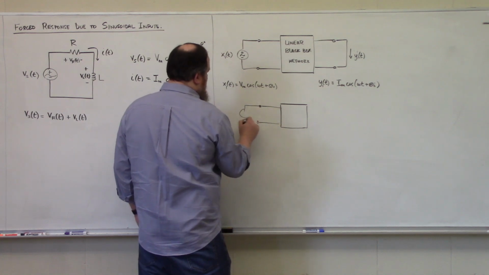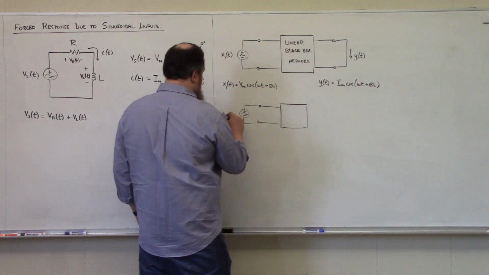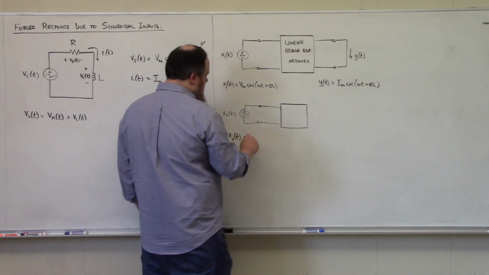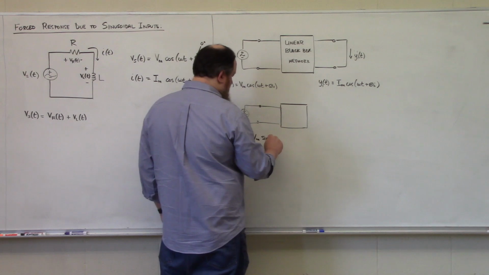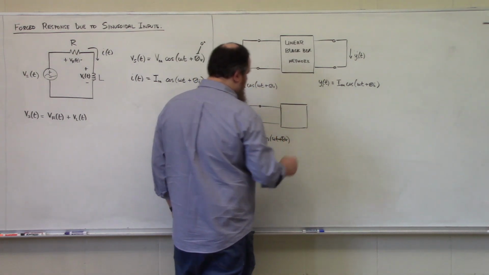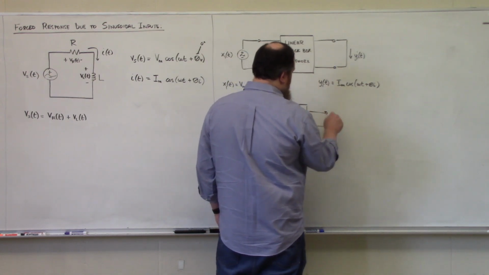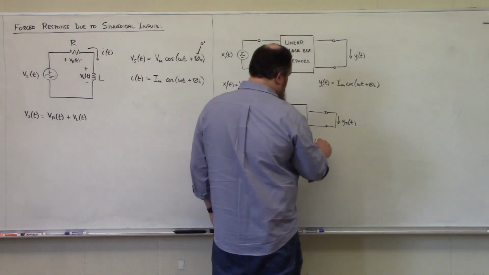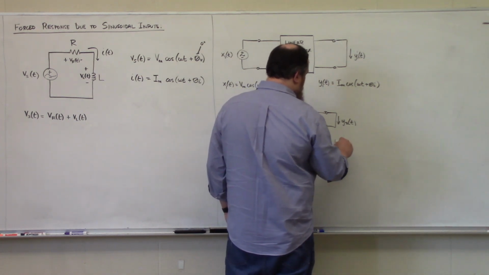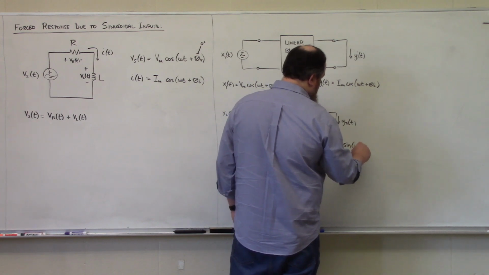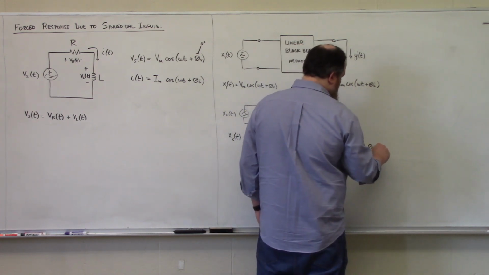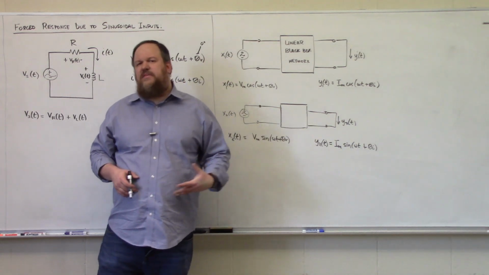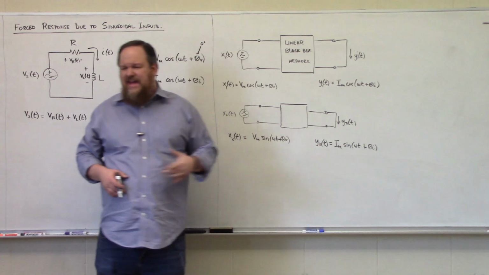So if I apply an excitation function x2 of t, where x2 of t is Vm sine omega t plus theta v, then I should observe a response of the form y2 is equal to Im sine omega t plus theta I. Now it should be pretty obvious that if I put in a cosine function, I can expect to get out a cosine function.